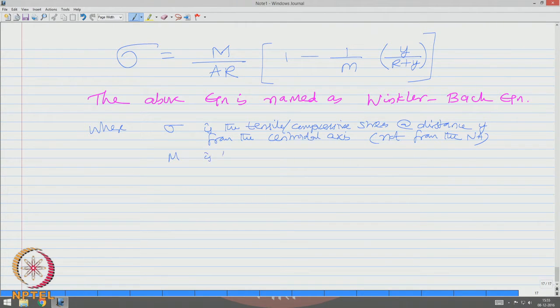M is the applied moment causing decrease in curvature, that is extrados in tension and intrados in compression.